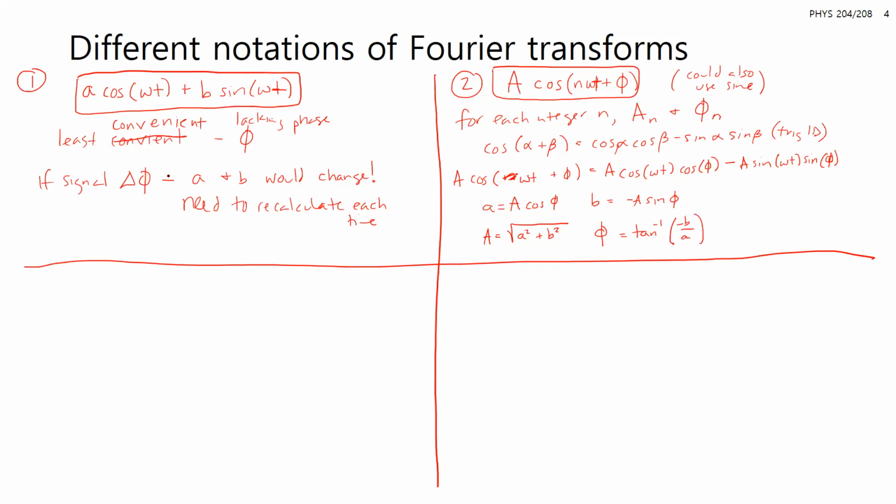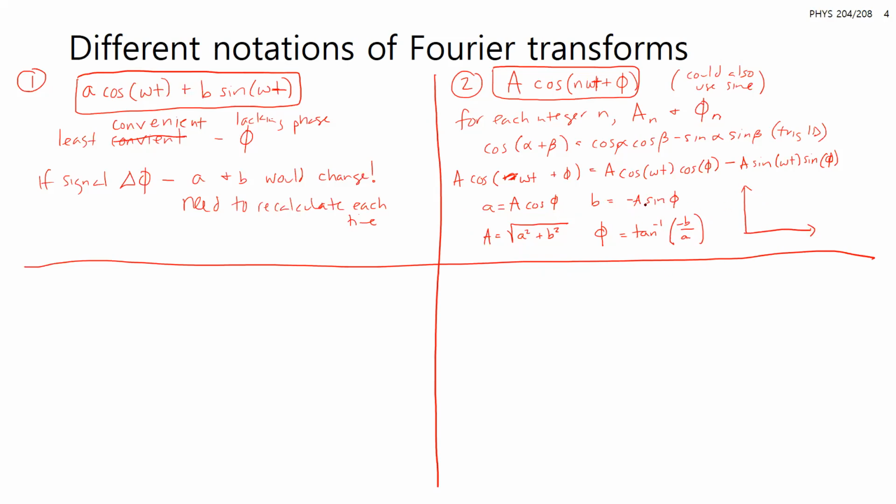So if we want to go from the first notation to the second notation, this is how we would convert between them. And looking at these expressions, it may look familiar from when you're thinking about triangles, trig and stuff like that.